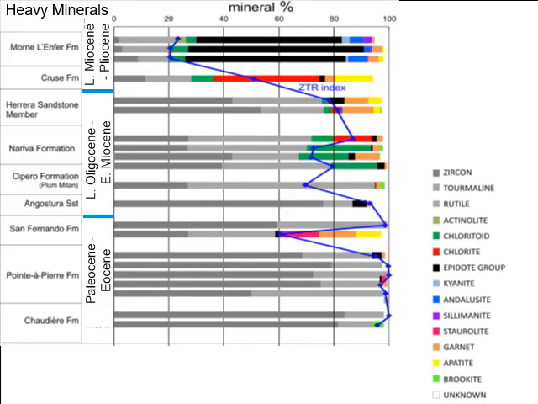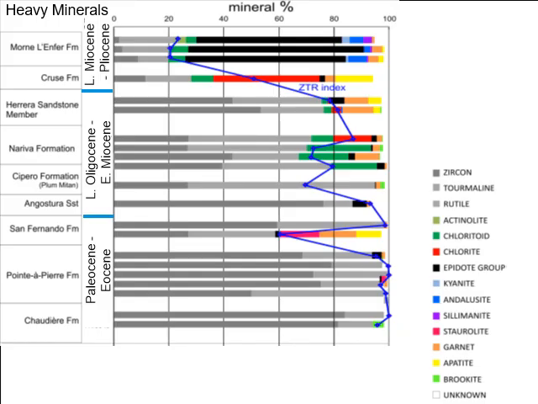The more colored bars are things such as apatite, garnet, staurolite, a much more unstable mineral assemblage. What we observe from that suite is a gradual increase in various colors, suggesting a gradual increase in the amount of unstable heavy minerals into the younger Cenozoic.